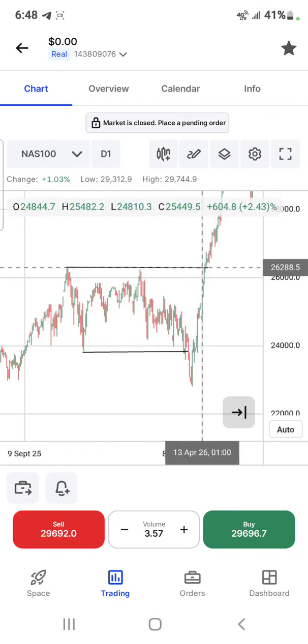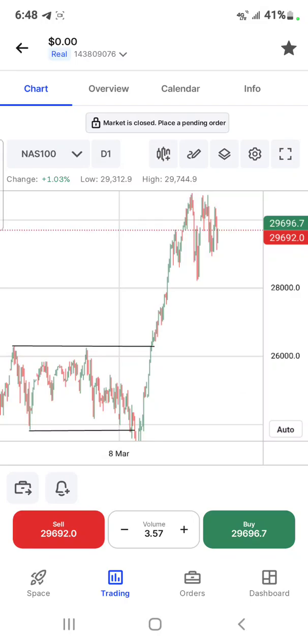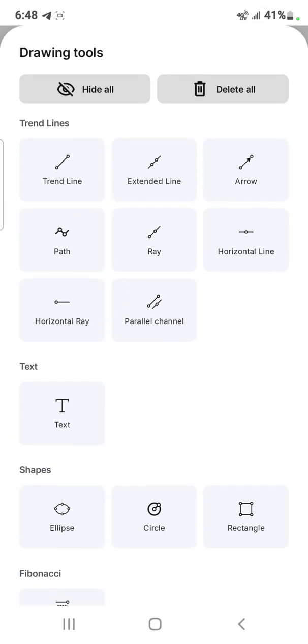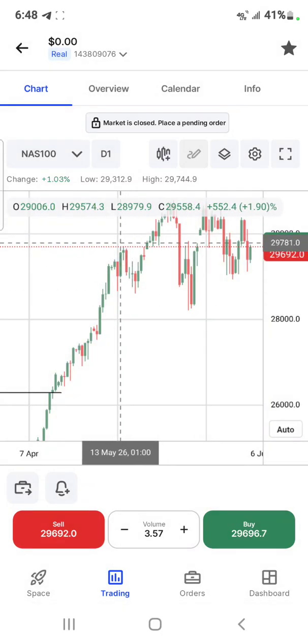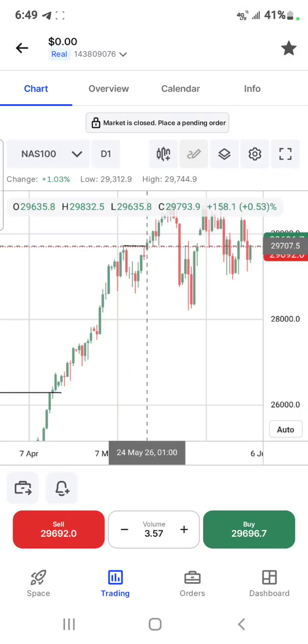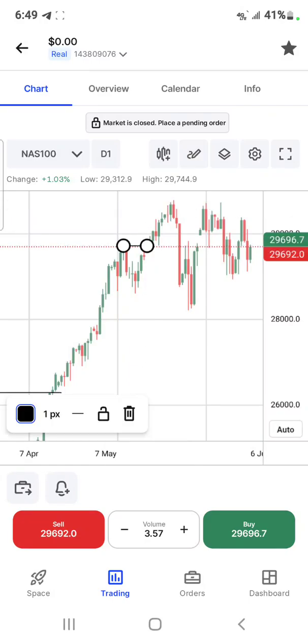You can see it. Then price pushed up aggressively. We had another break of structure here to the upside. The market is strongly bullish. We had another break of structure right here.